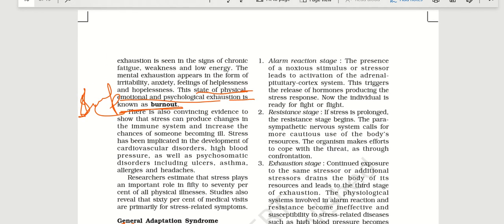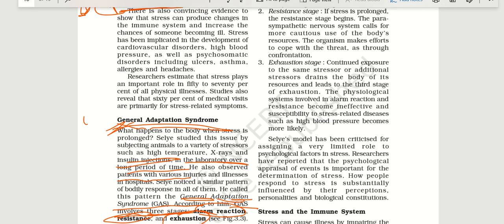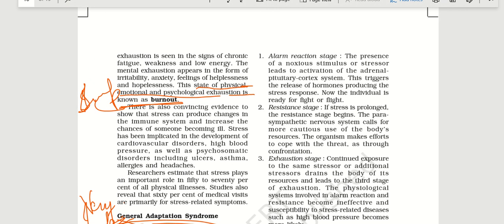What happens in this is very important. What happens in the alarm reaction stage? The presence of a noxious stimulus or stressor leads to activation of the adrenal pituitary cortex system. This triggers the release of hormones, producing the stress response.